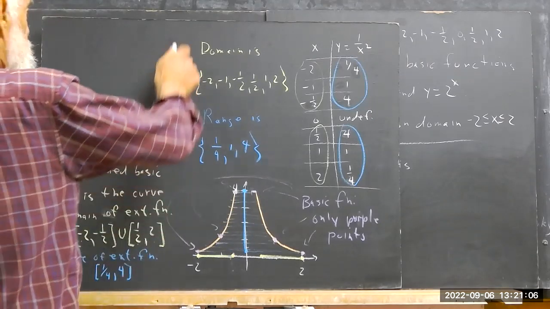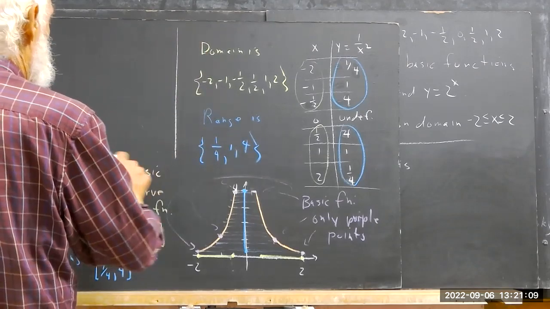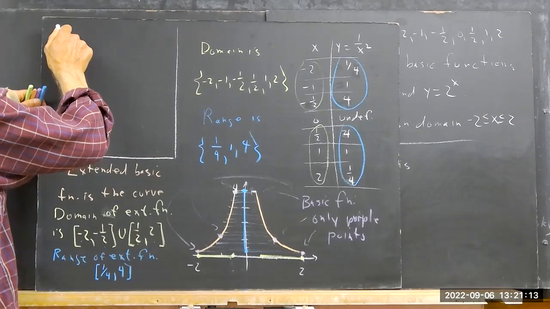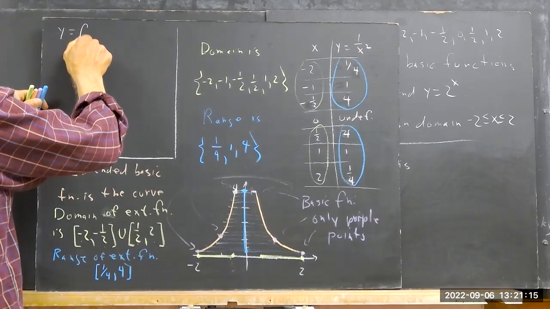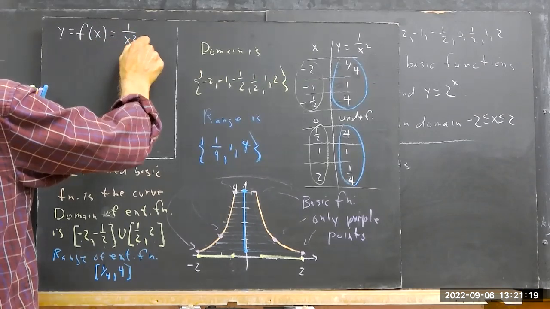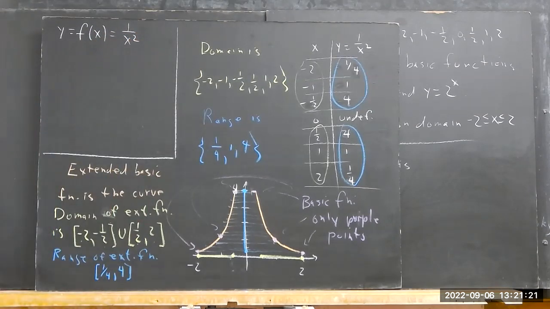Now, for this function, we could write y equals f of x equals 1 over x squared.